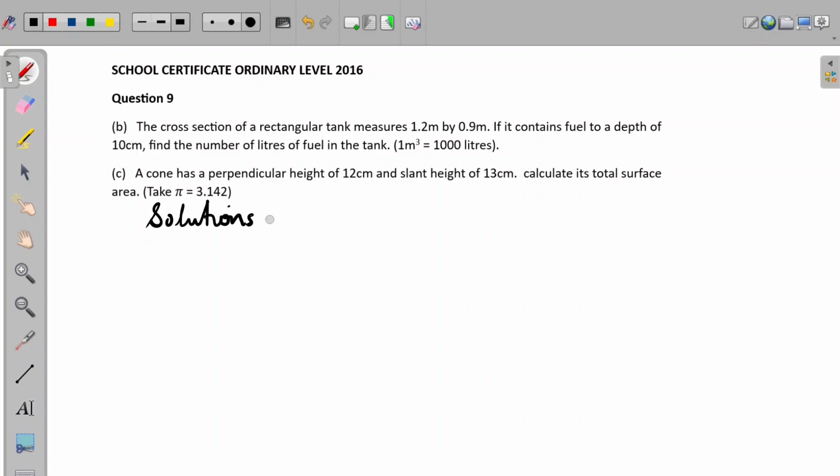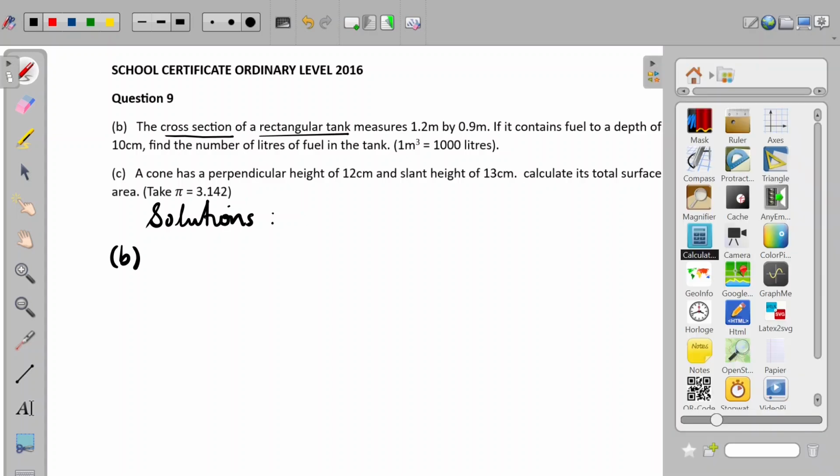So now let's start first of all analyzing the question. This was actually B. So we were told that we have a cross section of a rectangular tank. So let us look at this rectangular tank which they are saying we have.